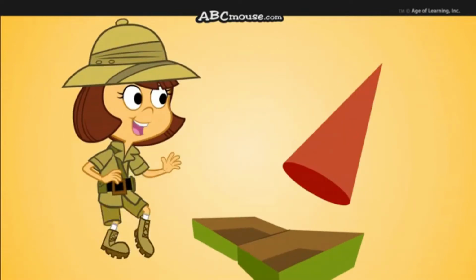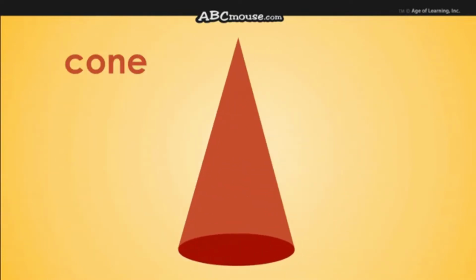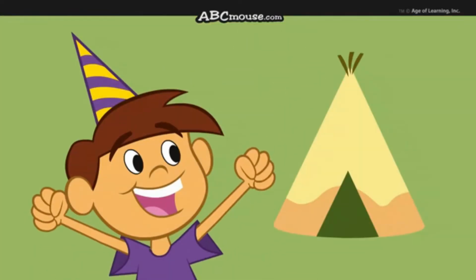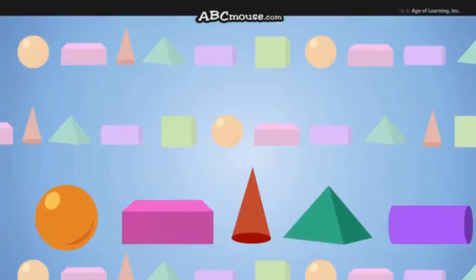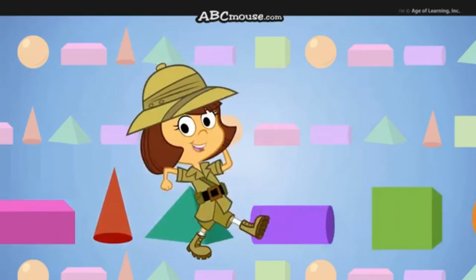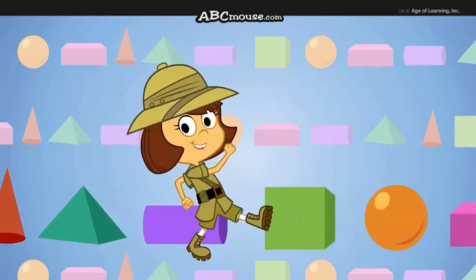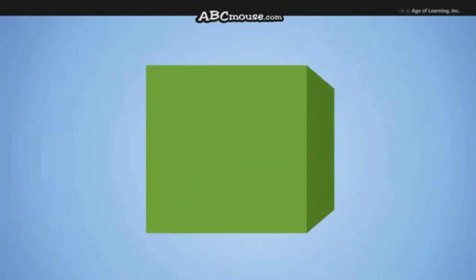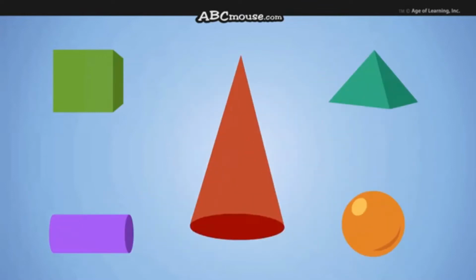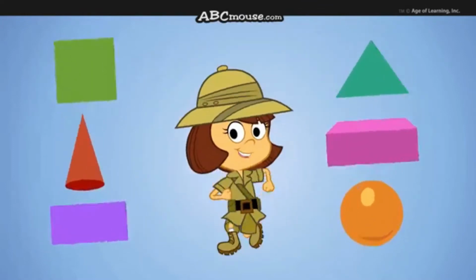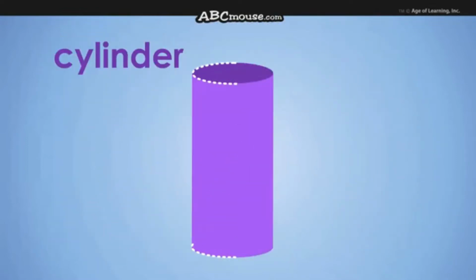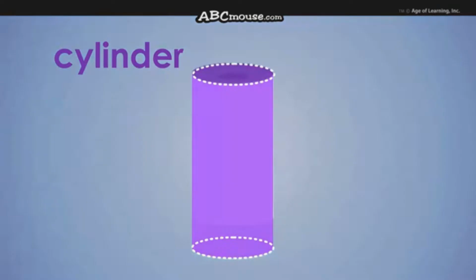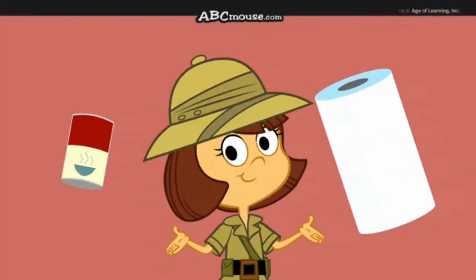With a circle on the bottom and a point at the top, a cone is a shape you'll see. Party hats and teepees are shaped like cones, and so is a green pine tree. Cylinders have circles at each end, like a soup can or paper towel roll.